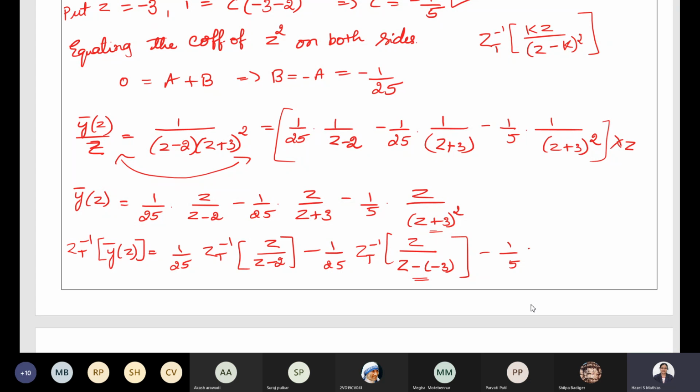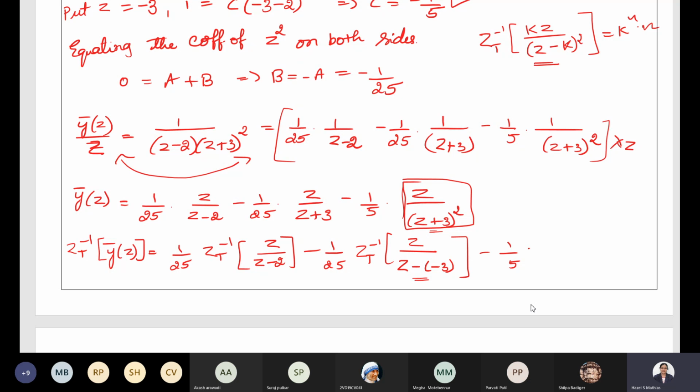Inverse Z transform of Kz divided by Z minus K whole square. Anybody remember this? Yes, ma'am. K power n into n. Okay, this is K power n into n, because we do not have any other formula to apply over here. See, it is inverse Z transform of Z divided by Z plus 3 the whole square. There is no other formula to apply other than this one.